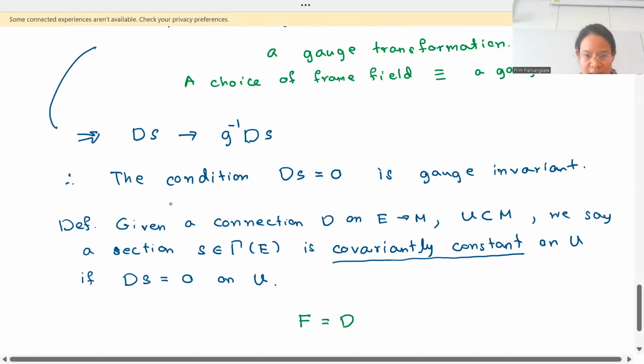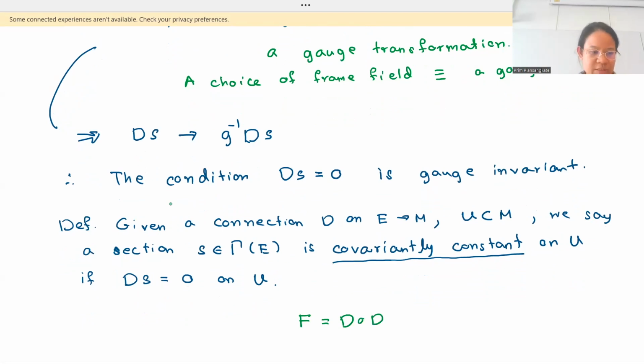So it's d squared, so d composed with d. So it's another operator. But if you think of this curvature acting on a section, yeah, by this definition, you will have this.